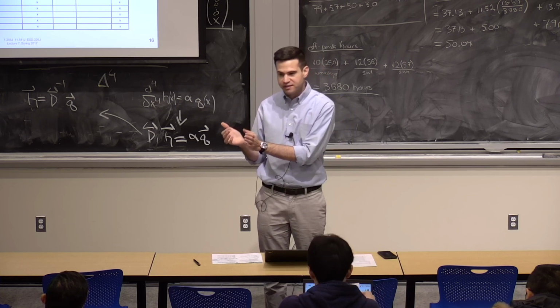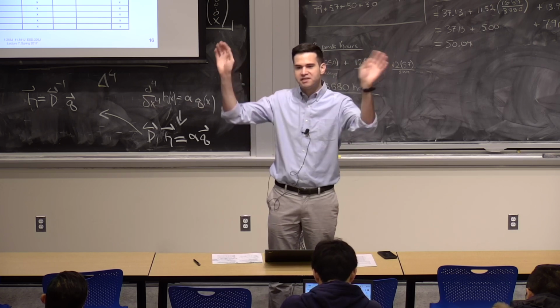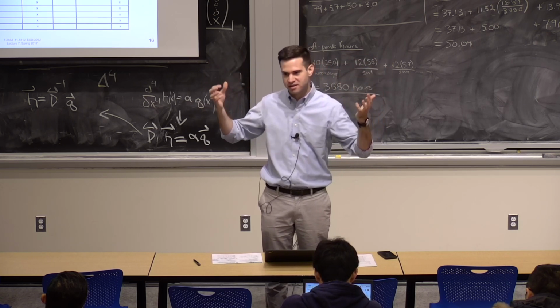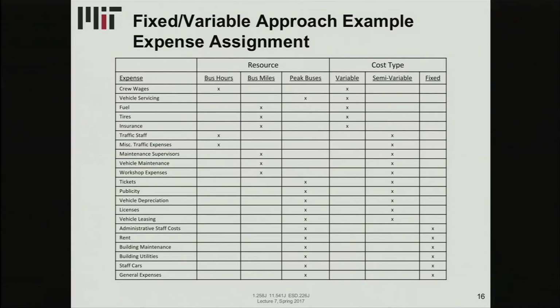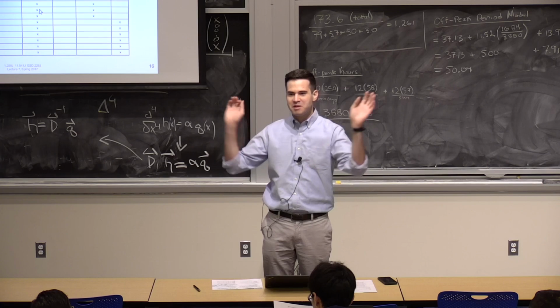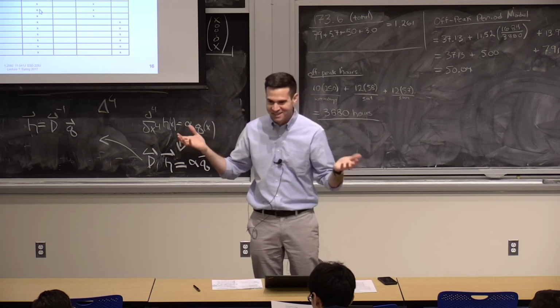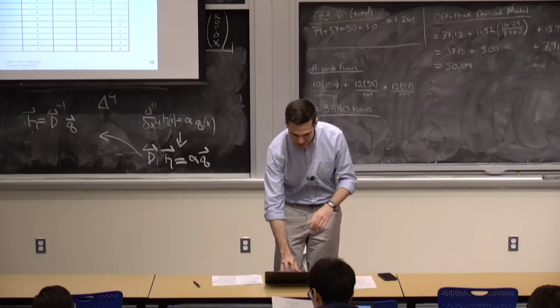That portion is fixed, but then there's extra space that you have to cover on each additional bus. So that part is variable. So now we have a semi-variable cost, and you can associate that in this case with peak buses because for each peak bus you have, that's how many buses you have to plaster with ads, right? That gives you an example.